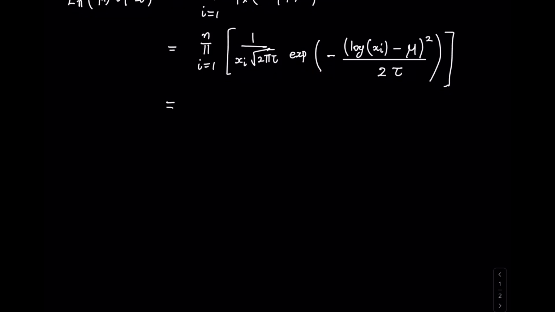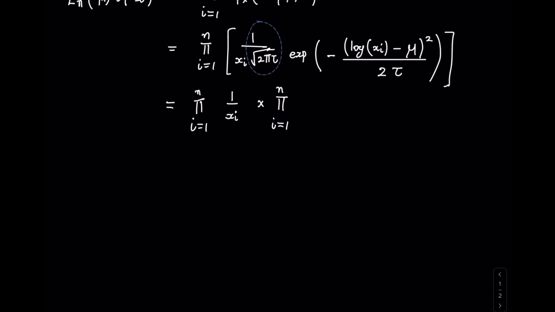Now, this can be broken into several components. The first component is the 1 on xi's, so I've got the 1 on xi's all multiplied by each other. Then I've got the product from i equals 1 to n of the 1 on square root 2 pi tau.